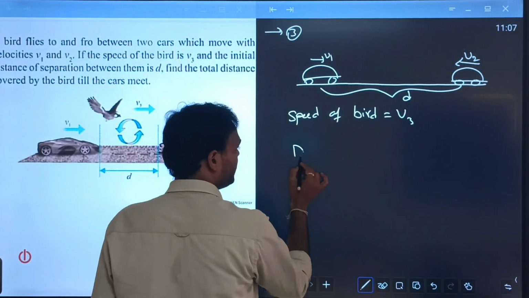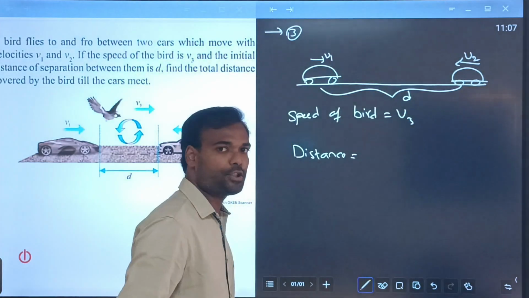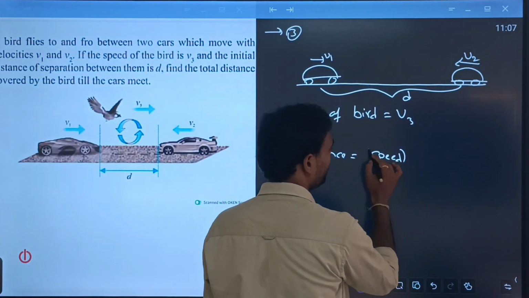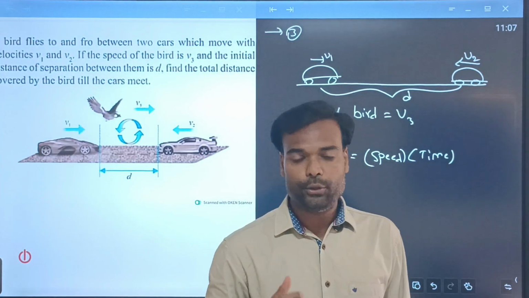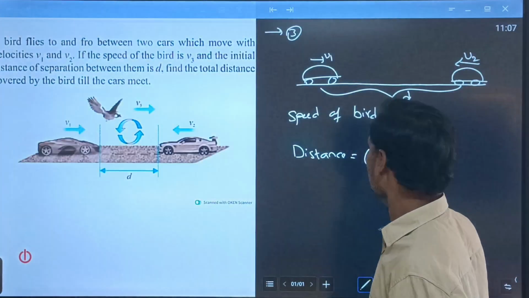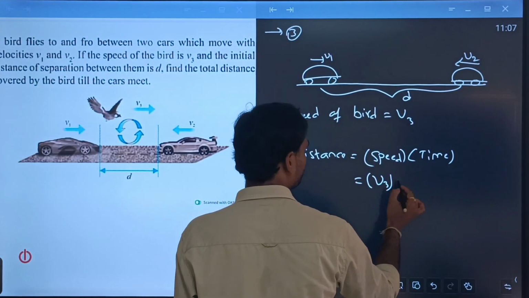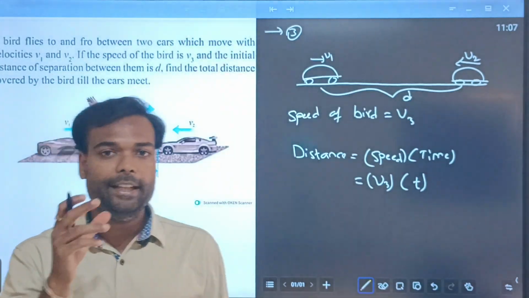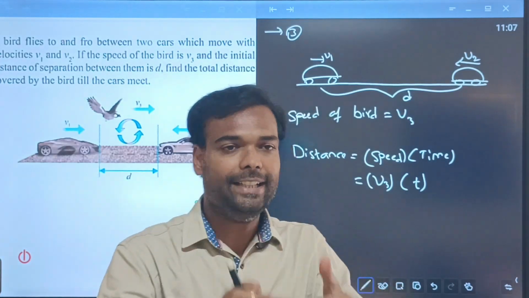Now, can I use distance is equal to speed into time, because speed is equal to distance by time. So distance is equal to speed into time. We know speed is equal to v3, and the time is the time taken by the two cars to reach each other, to meet each other.